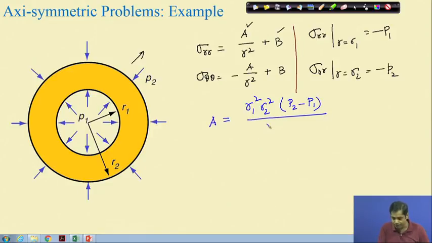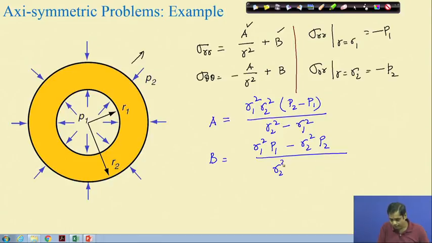Please check that expression also, do not take it for granted. And B is equal to R1 square P1 minus R2 square P2 by R2 square minus R1 square. So, this is the expression of A and B if we apply these boundary conditions.